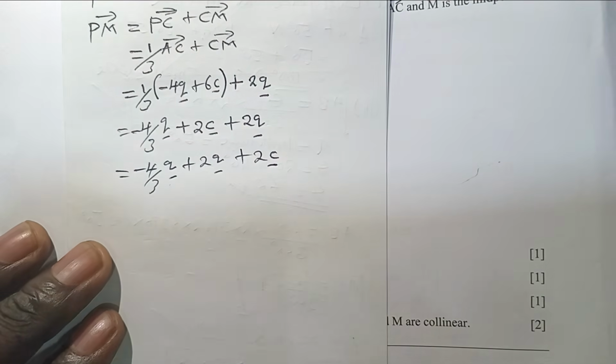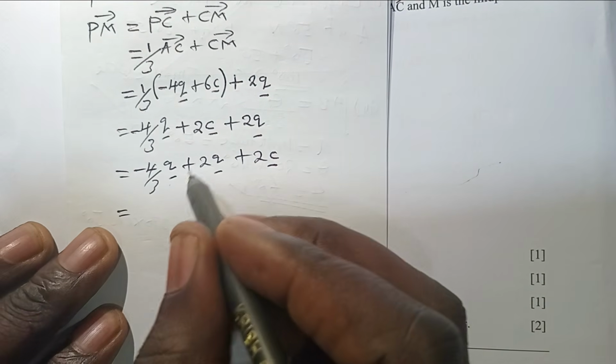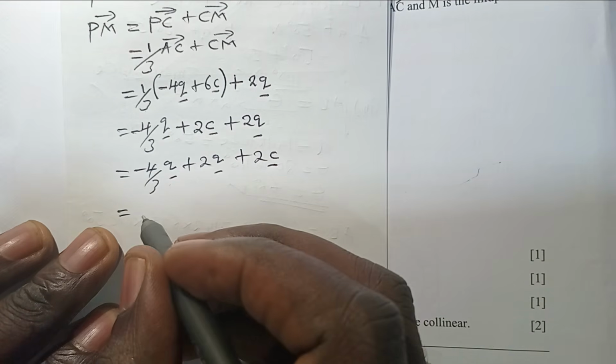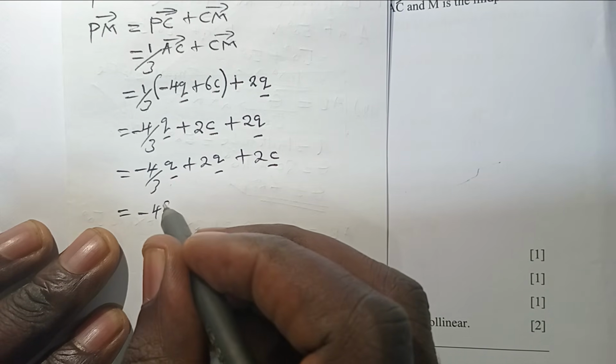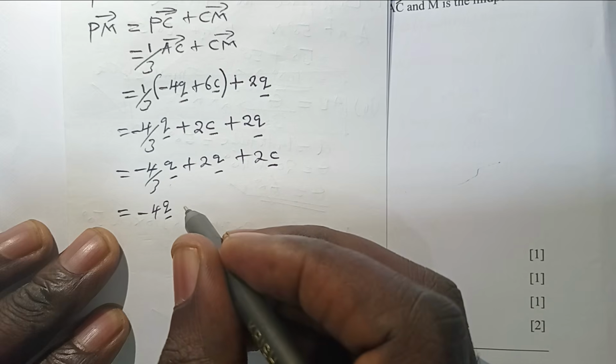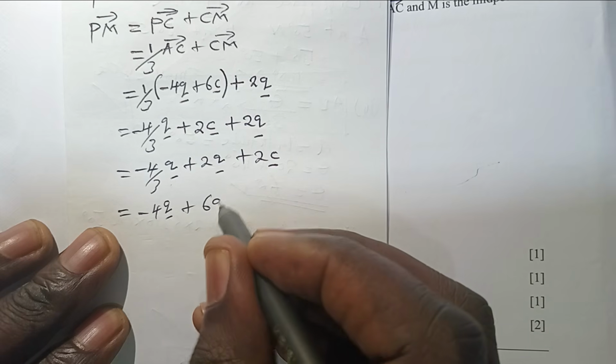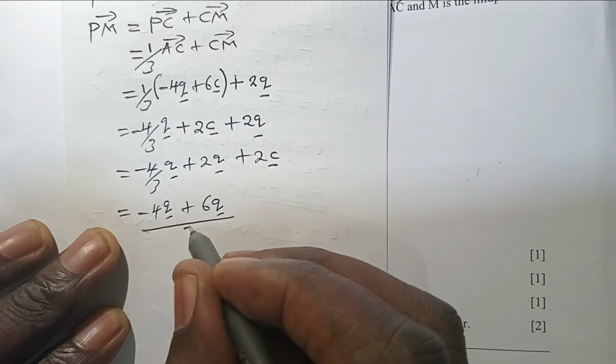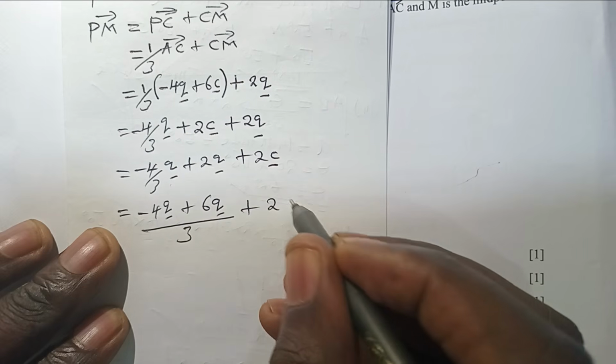Which when we simplify this part, we are going to have negative 4Q under bar plus 6Q under bar over 3, then plus 2C.